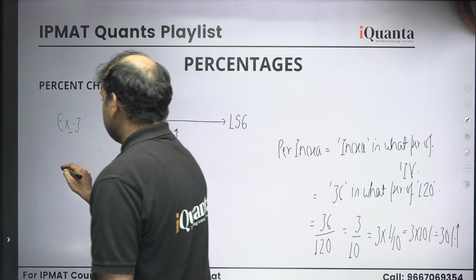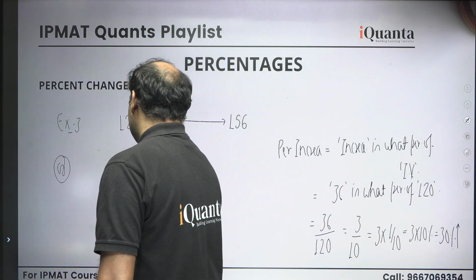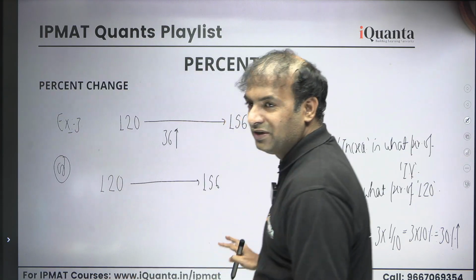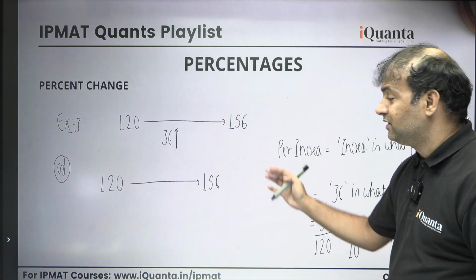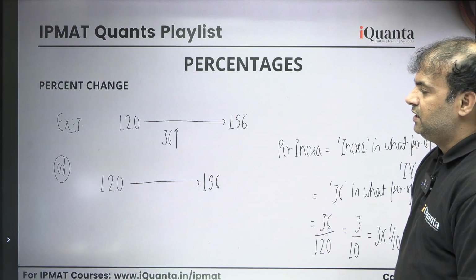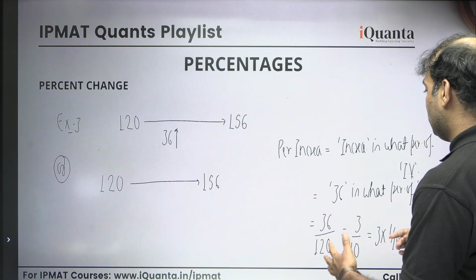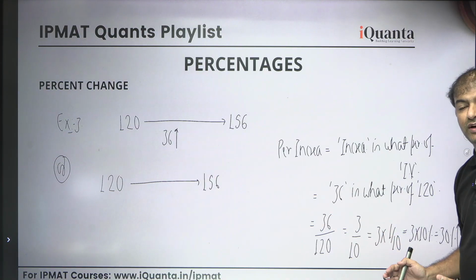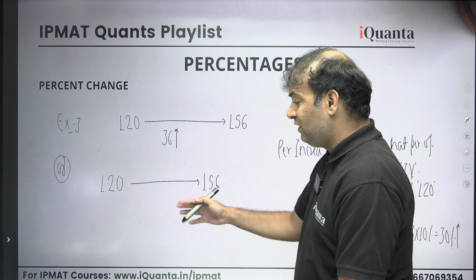What is that? Let's say we have a similar question, 120 to 156. In this method, I will also not write so much, so that you can understand the importance of this method as well. If you observe, in the end we are cancelling everything, so why don't we cancel from the beginning?